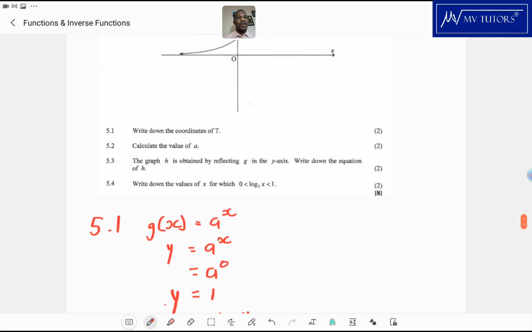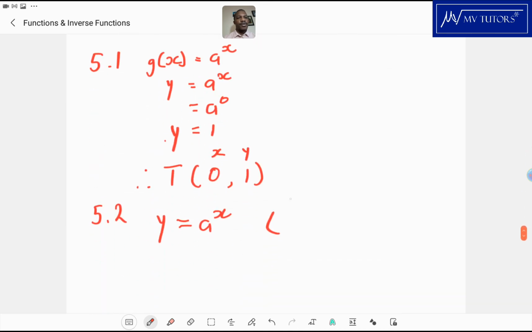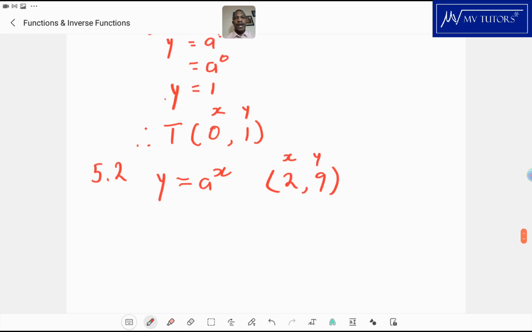We are very sure the graph passes there. Now I like to put x on top and y at the bottom just for simplicity's sake, so that when I come to substitute, I don't struggle. I can just see where y is 9, is equal to a, and then for x is 2.